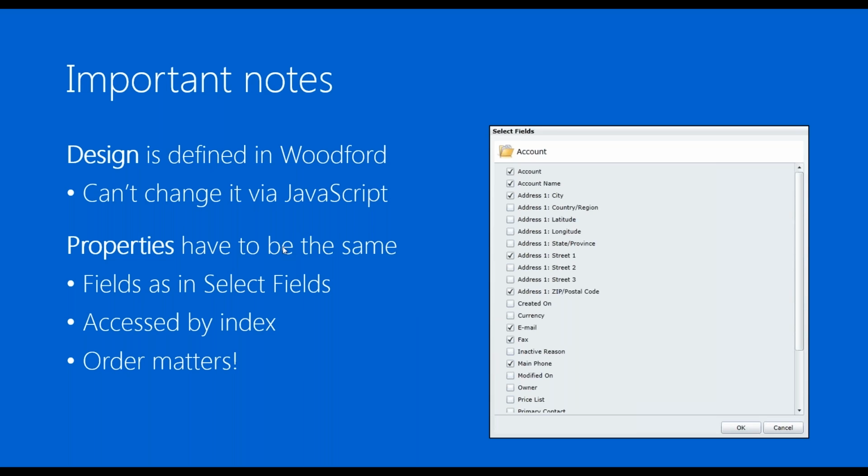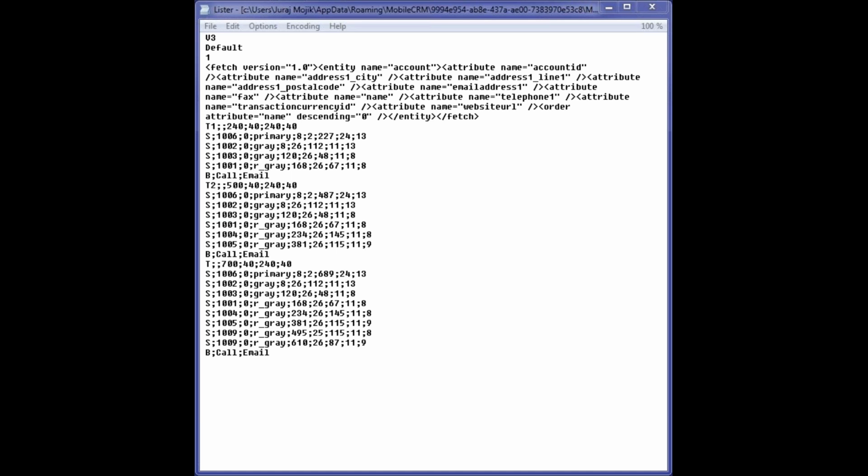I assume that this is still not clear, so I will show you what I mean by this. I will open one of the files which actually defines a view. Here it is. This is a local file which I have in the mobile application, in the local folder.